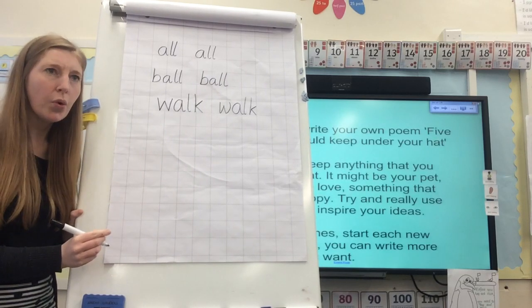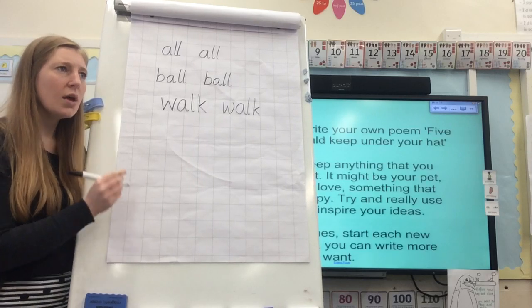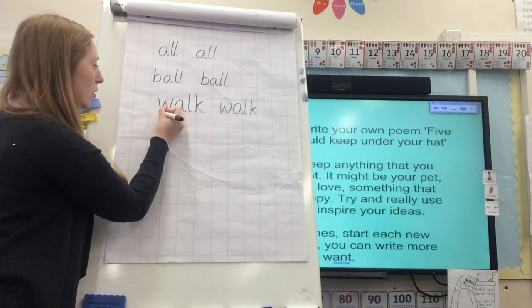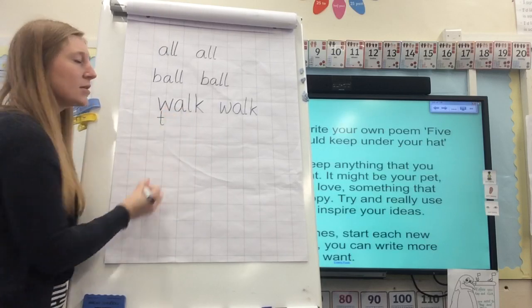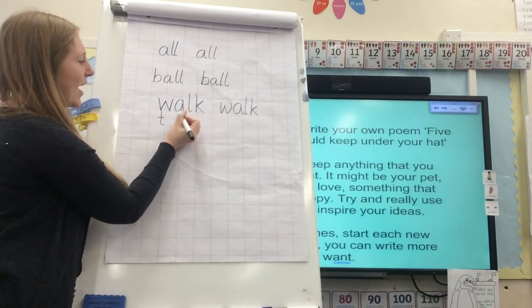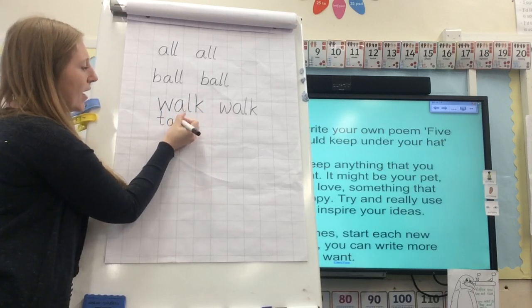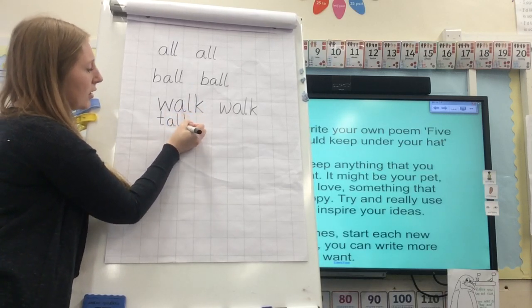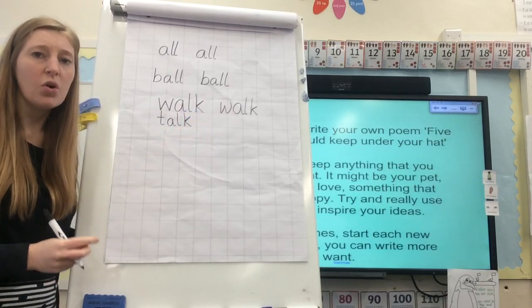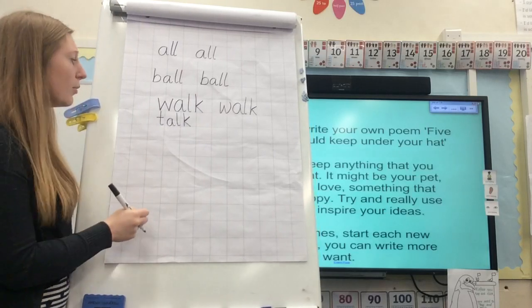Next word, talk. It's got that same or sound in the middle. So talk begins with a T, and then an or. It's going to be that A-L again. A-L, talk, and again it has our kicking K on the end, or we sometimes say kicking kangaroo.